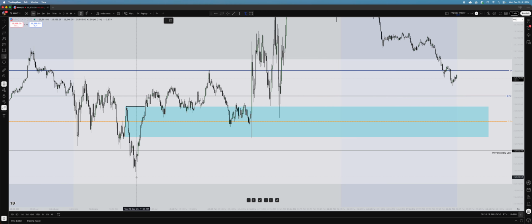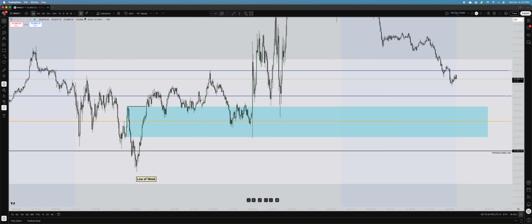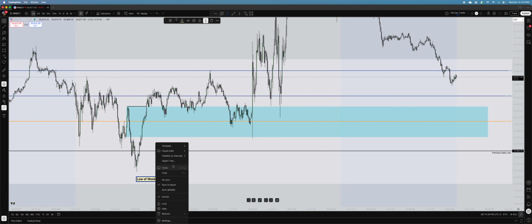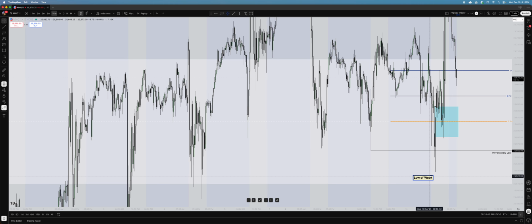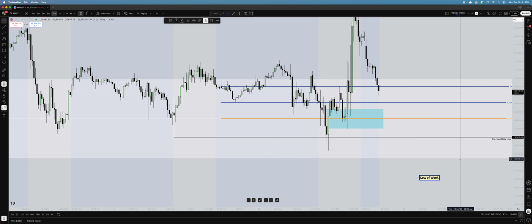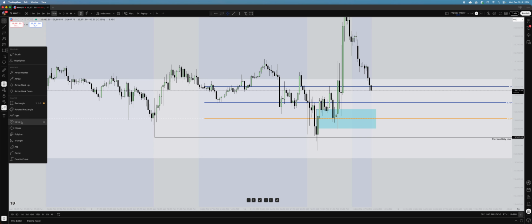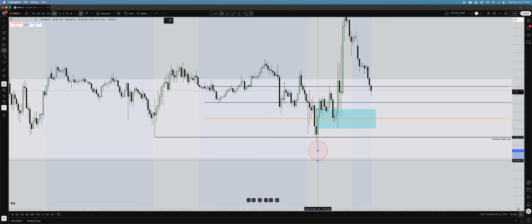Okay. Low of week right here at this low. So that's how I'm looking at the market. Let's do something 15 and below. Okay, so I would want to see this be the low of week.